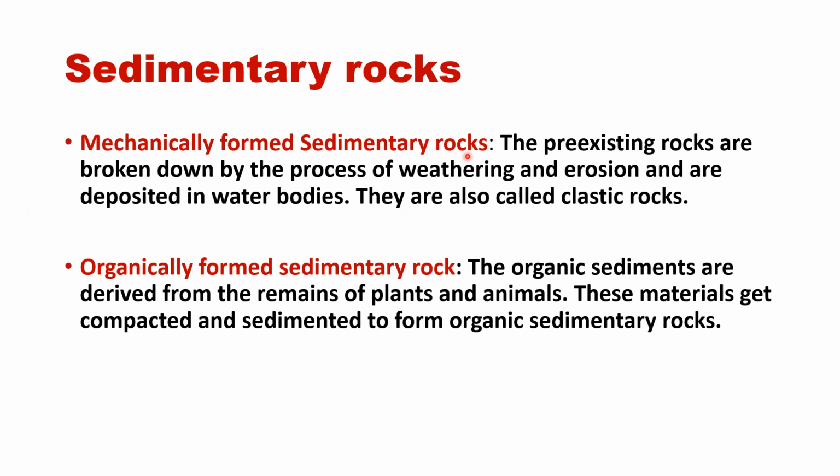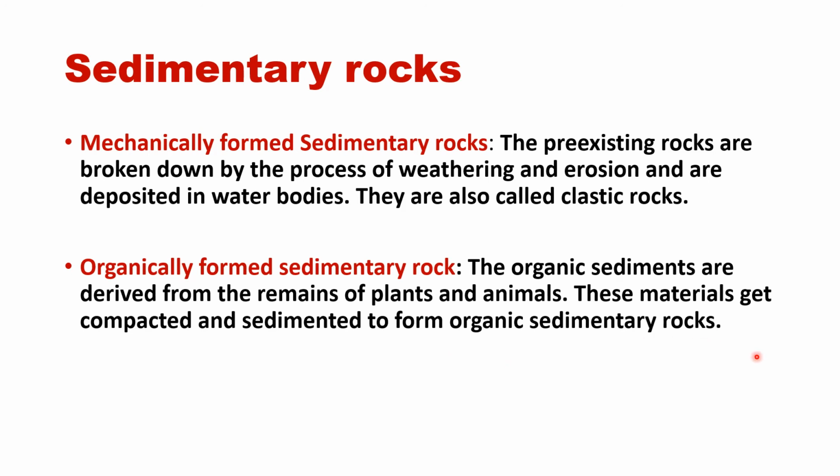Mechanically formed sedimentary rocks. Here, the existing rocks are broken down by the forces of weathering and erosion and are deposited in water bodies. They are also called clastic rocks. Organically formed sedimentary rock.